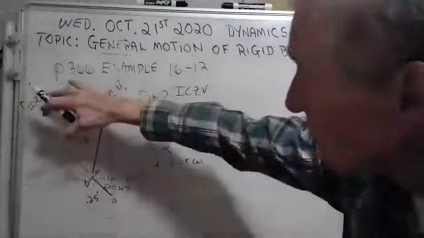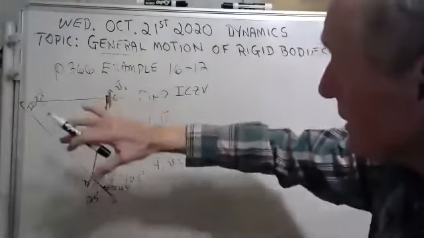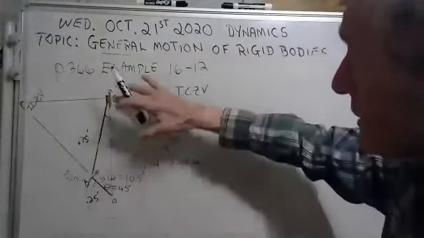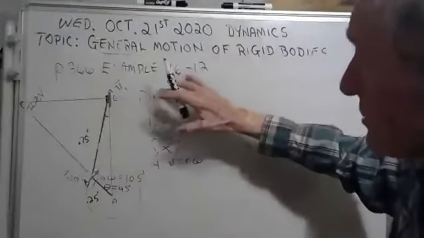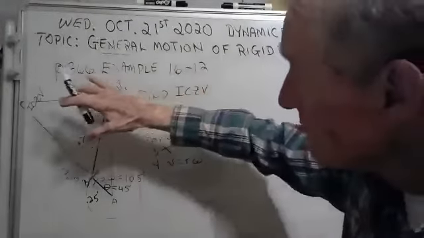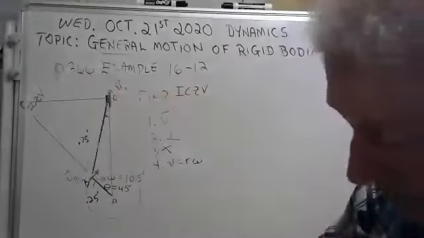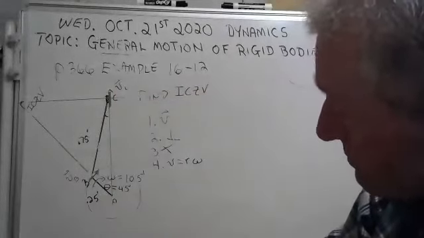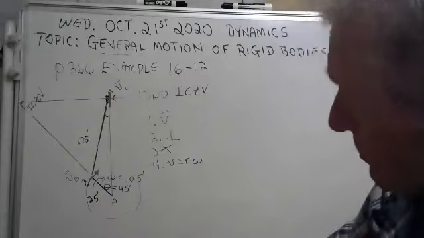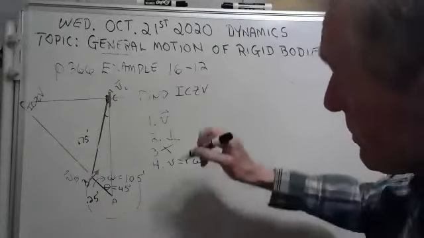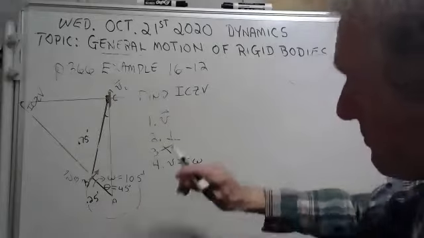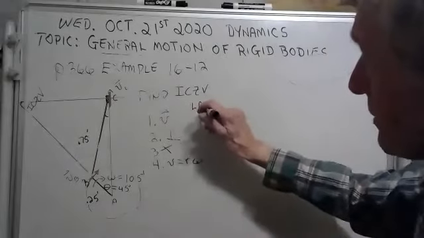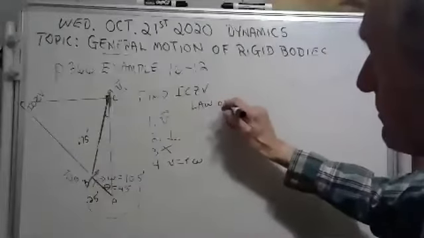If you just tuned in, we're doing example 1612. It's on page 366. They said this angle is 45 degrees. So what we're going to do is we're going to use the law of sines. And I know you know that by heart.